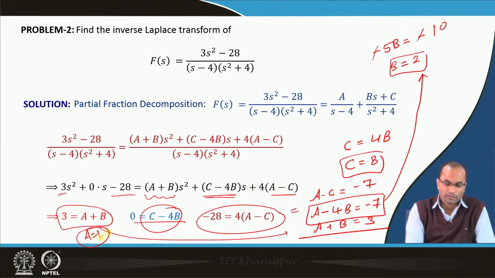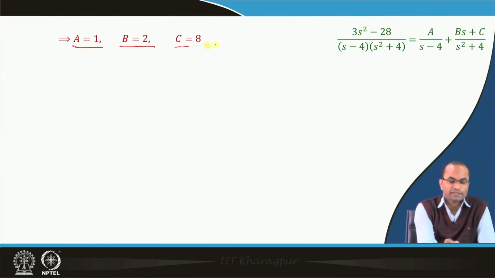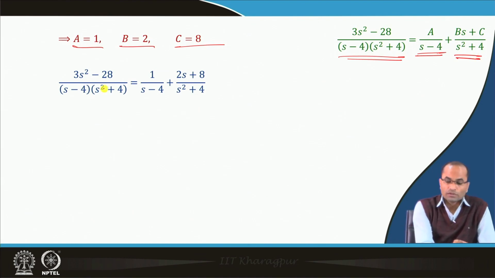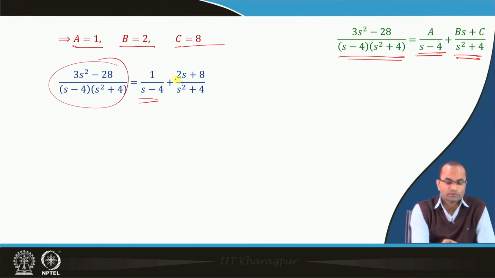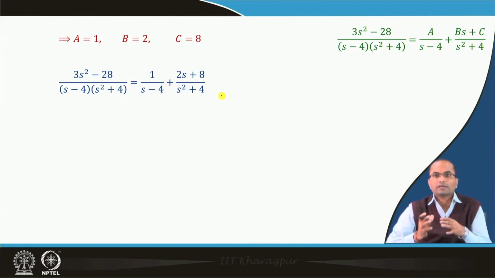So we have A = 1, B = 2 and C = 8, and this was the idea of the partial fraction: A over s − 4 plus (Bs + C) over s² + 4. So this equals 1 over s − 4 plus (2s + 8) over s² + 4, and now we are done. The main work here is to get these partial fractions.